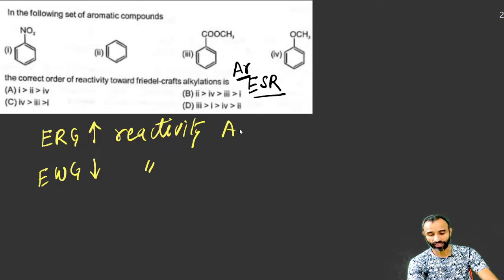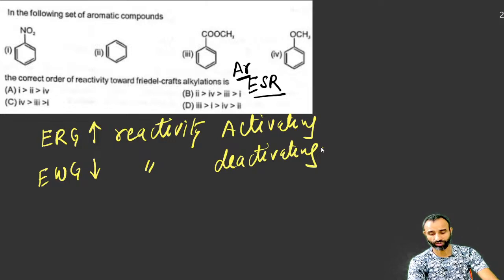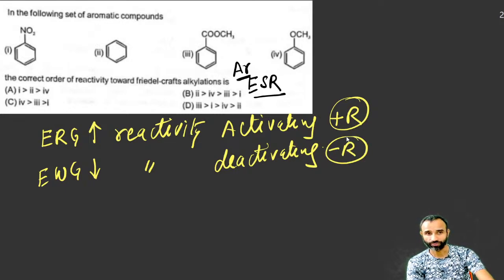They are activating groups, and withdrawing groups are deactivating groups. Means groups having plus R effect are activating, groups having minus R effect are deactivating.